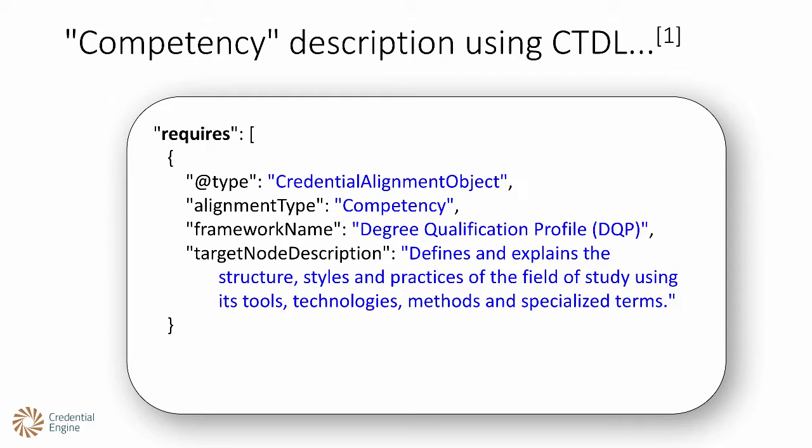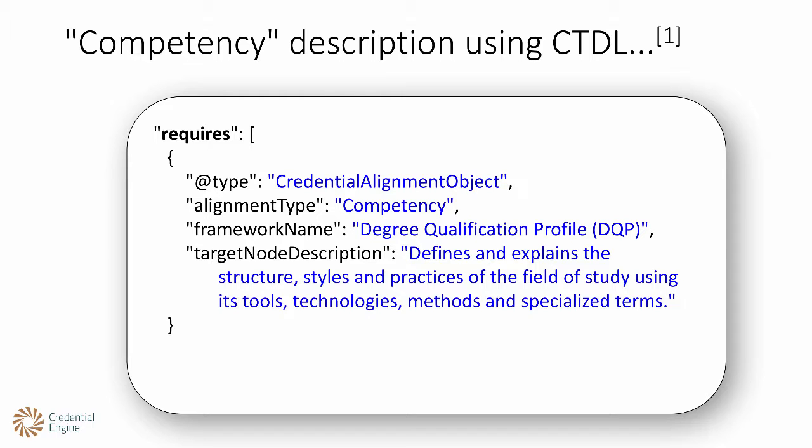And you'll notice that first line, at type credential alignment object, uses a similar structure to express a competency as it did to express concepts. So here we see that we have a credential alignment object. Its type is competency. In other words, the thing described here is a competency.